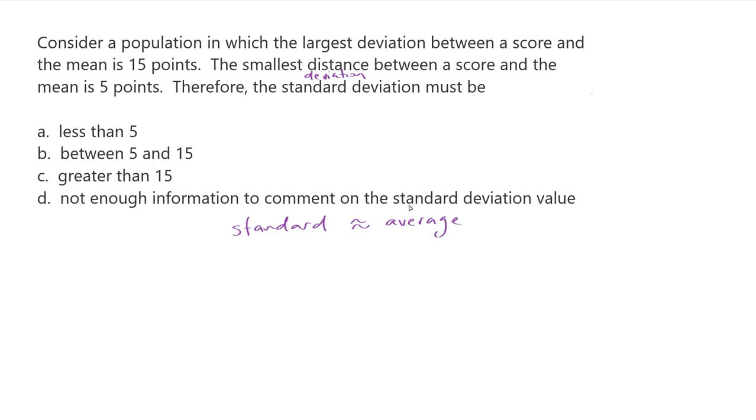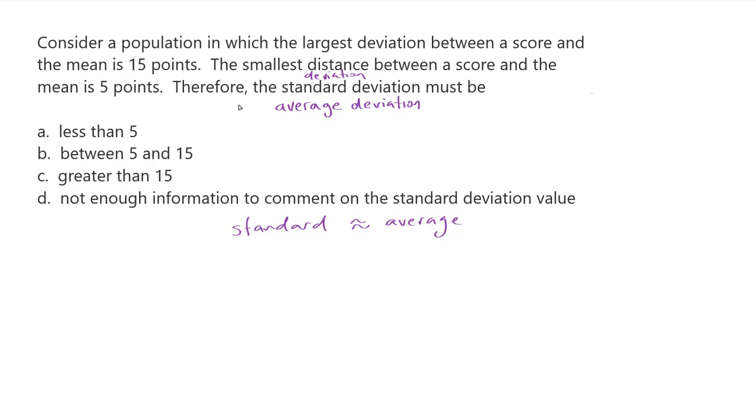So, for example, a standard deviation, even though it's not exactly or technically the same, is close enough to being the average deviation that you can think about it as an average distance between a score and the mean.